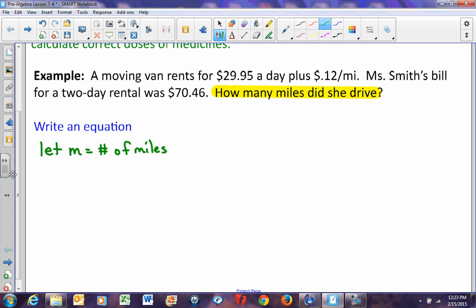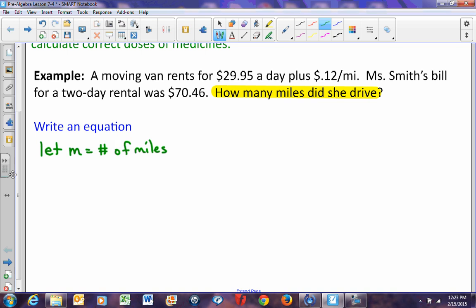We know that she drove the van for $29.95 a day plus 12 cents a mile. Her bill for a 2-day rental was $70.46.